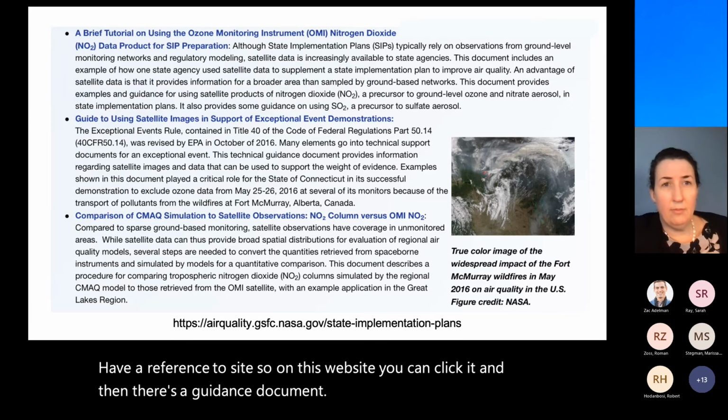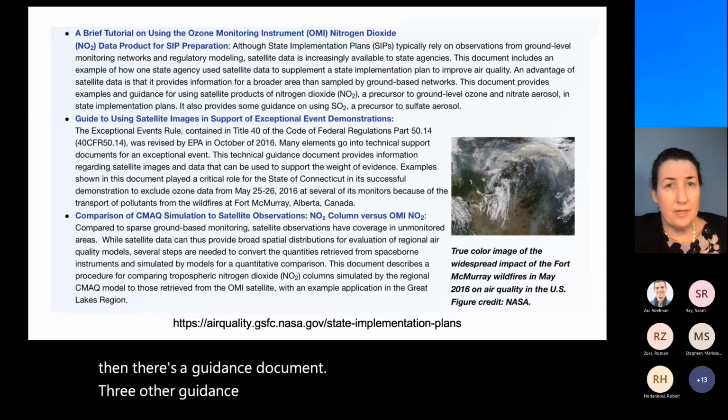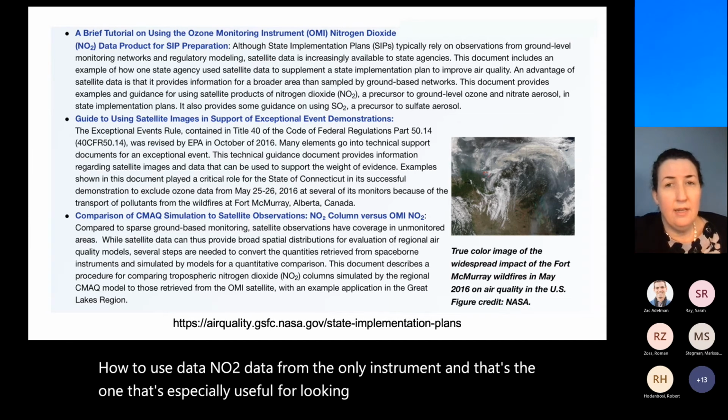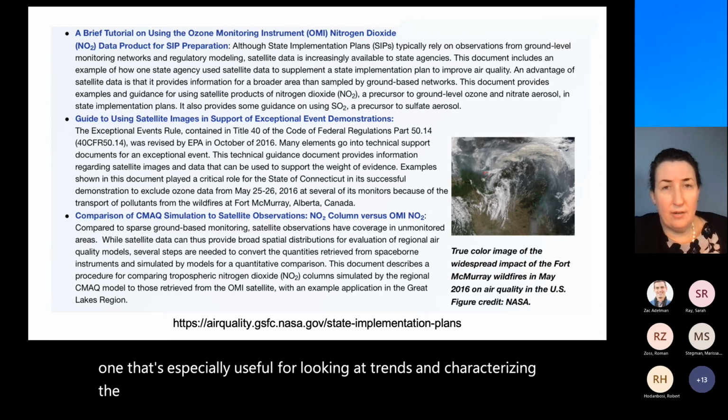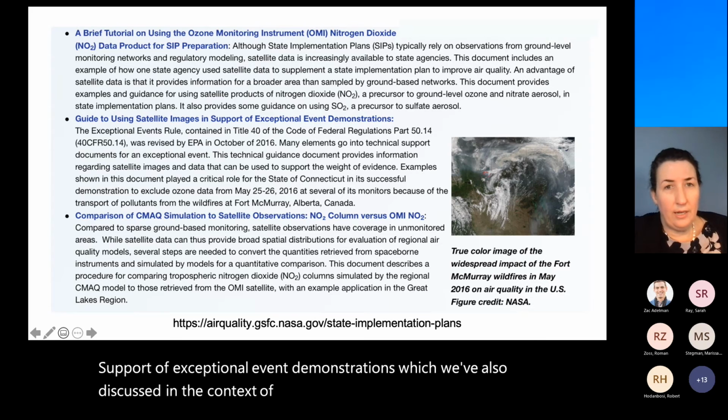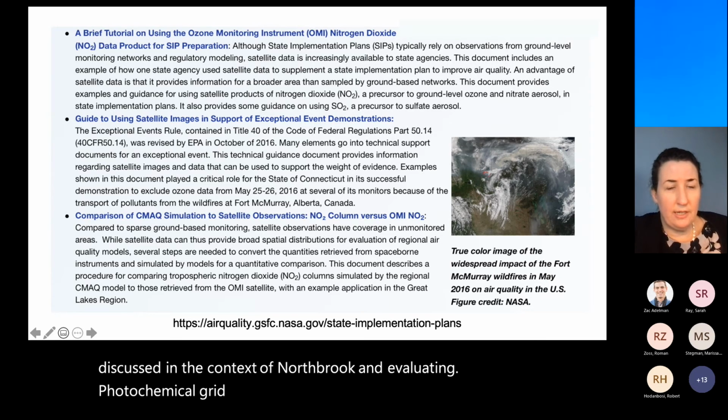Three other guidance documents are how to use NO2 data from the OMI instrument, and that's the one that's especially useful for looking at trends and characterizing the decrease in NO2 due to NOx emission controls; support of exceptional event demonstrations, which we've also discussed in the context of Northbrook; and evaluating photochemical grid models, especially CMAQ.